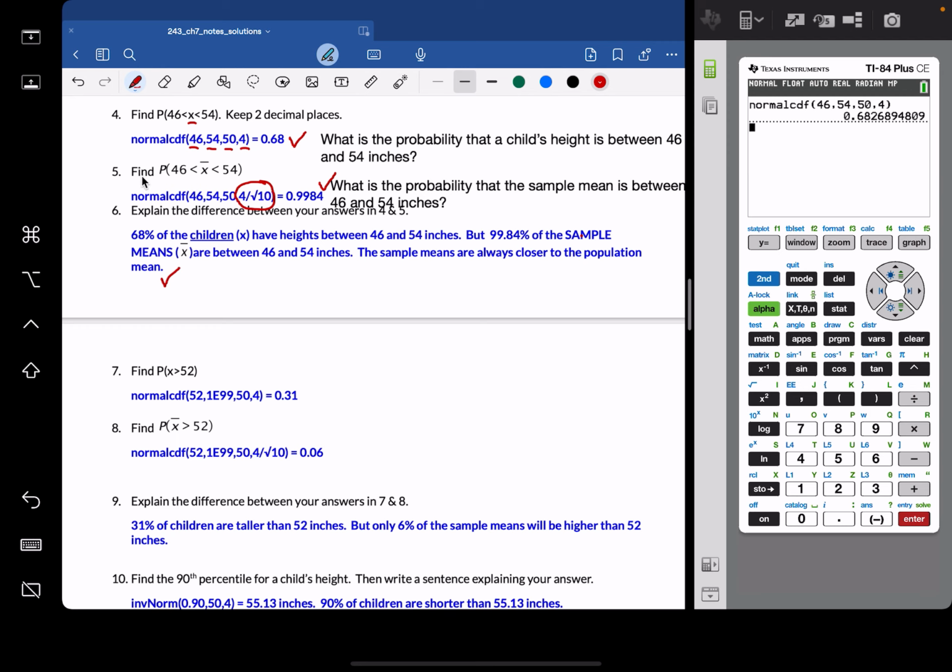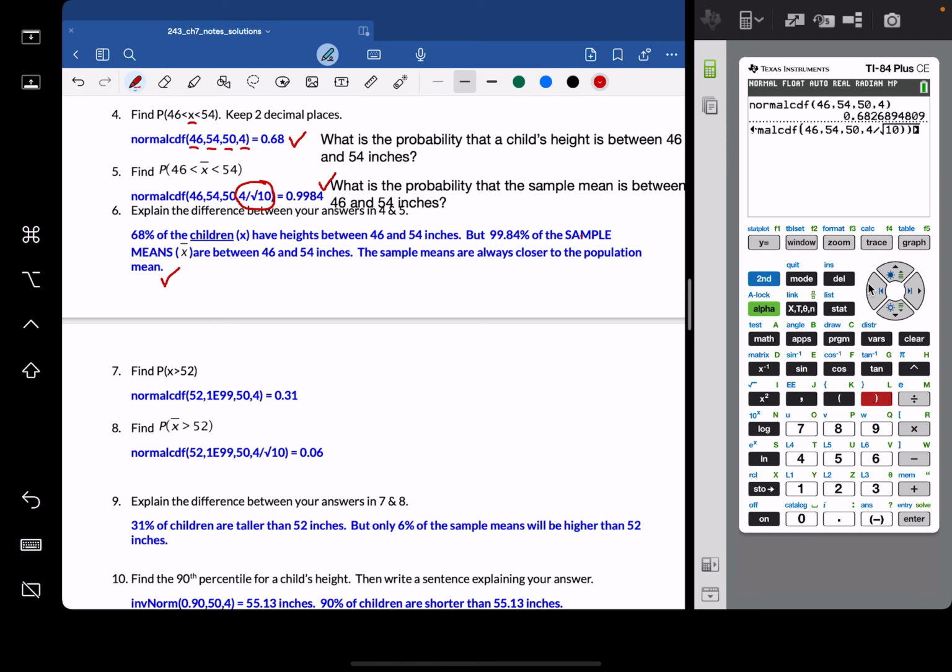And then for question 5, notice that it's exactly the same except for the very end. So one trick I like is to do second entry, and it pulls up what we already just did, and then I can just arrow back, delete, and then say 4 divided by second square root 10, close parentheses twice.